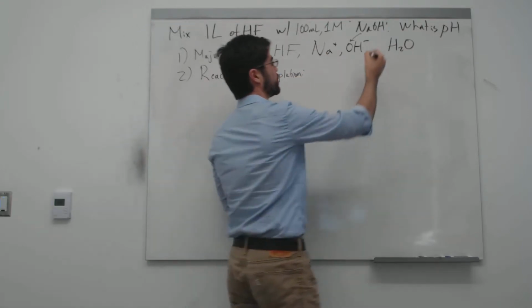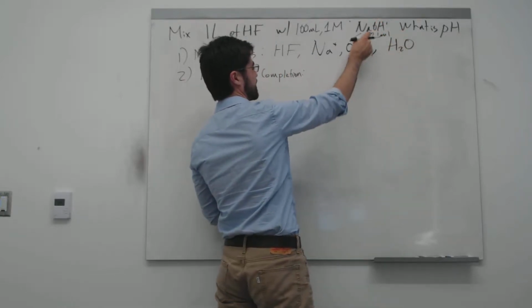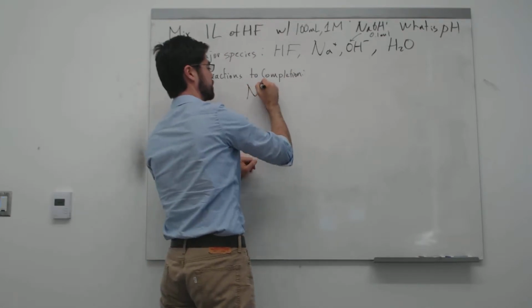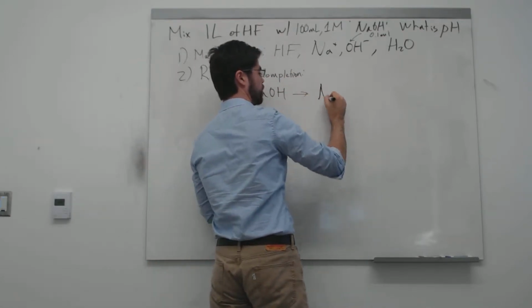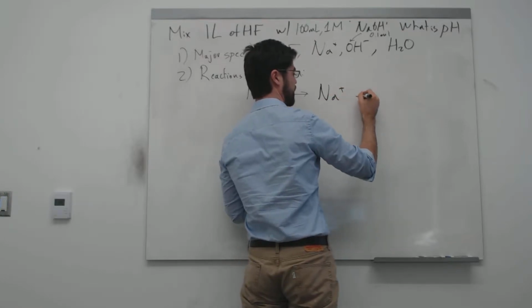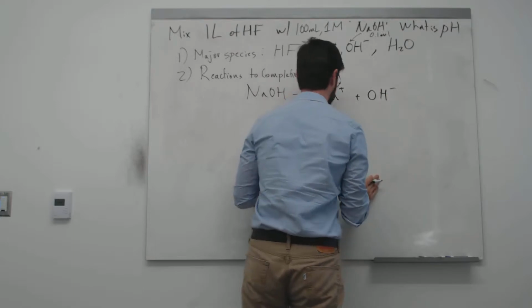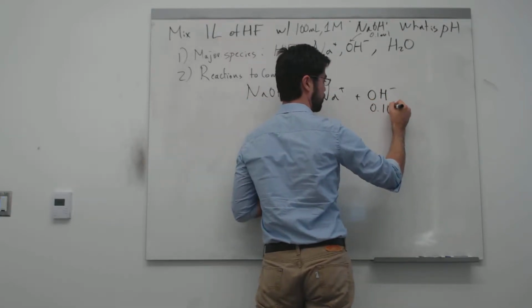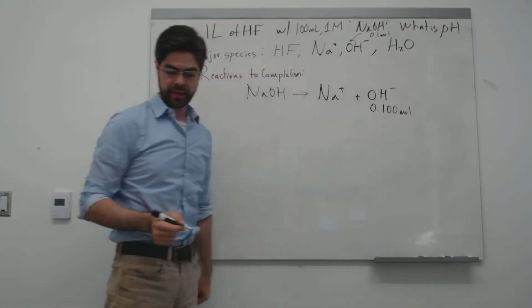So if I start with 0.1 moles of sodium hydroxide, it's going to react to completion and give me 0.1 moles of sodium ions and 0.1 moles of hydroxide ions. So that reaction goes to completion, and I have 0.100 moles of hydroxide ions.